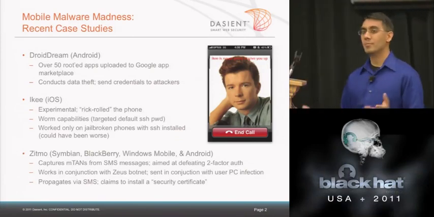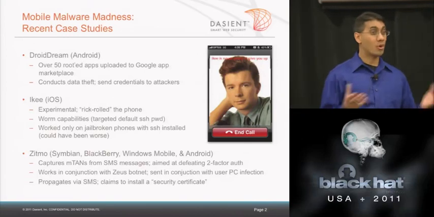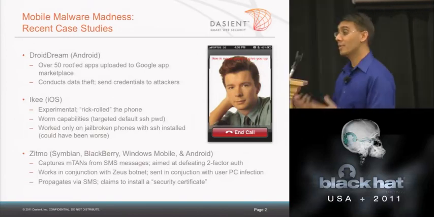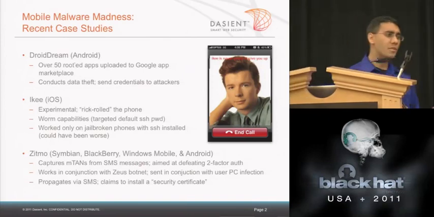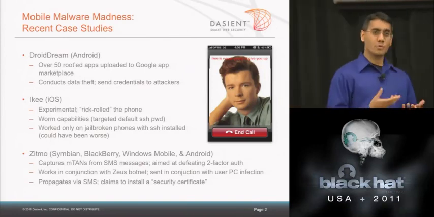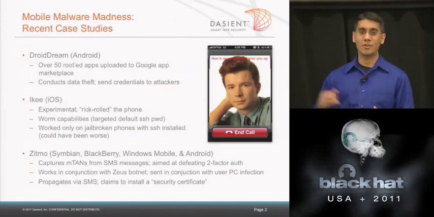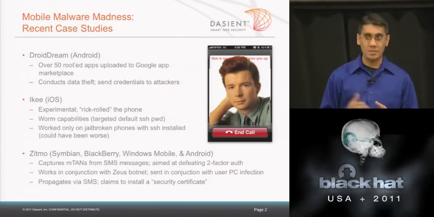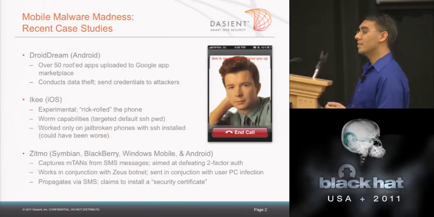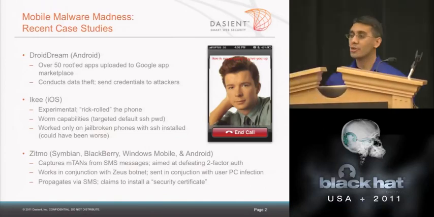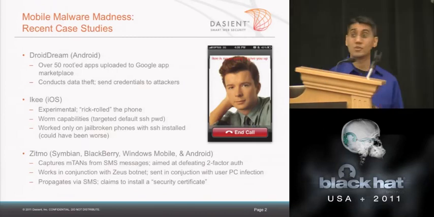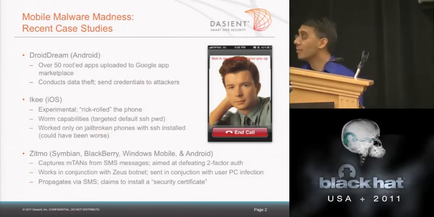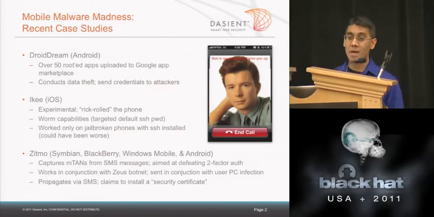Within a relatively short time period, over 250,000 people had downloaded and run them. Once infected, the phones would connect to a bot master. They would attempt to take root on the device. They would send device IDs off to the bot master. So it conducted data theft in a way and sent sensitive credentials to attackers. So that's one example of an attack that's happened recently.